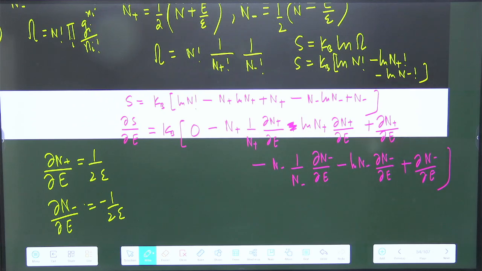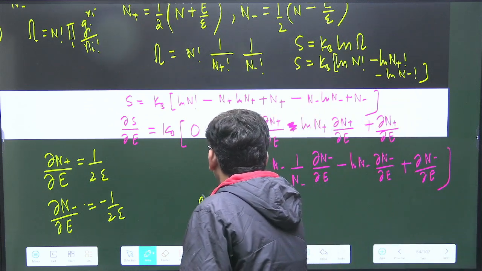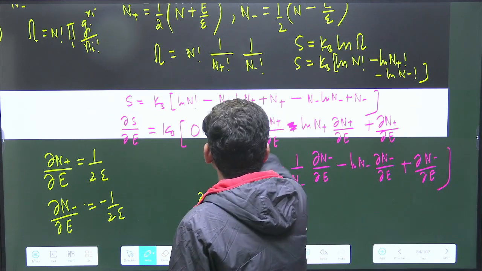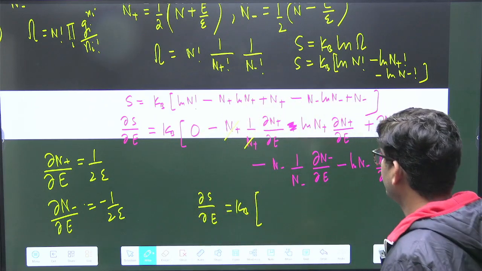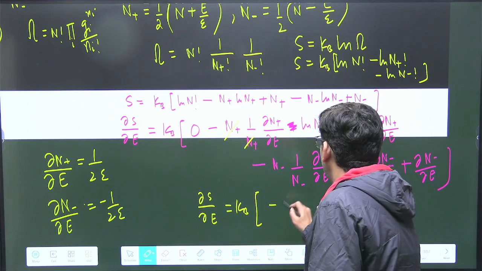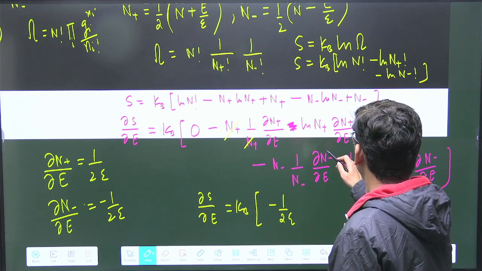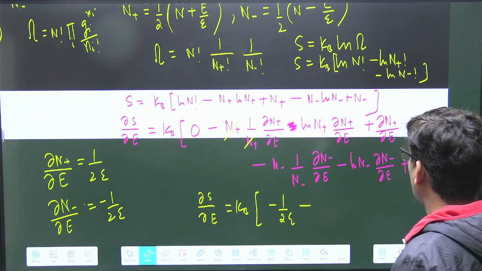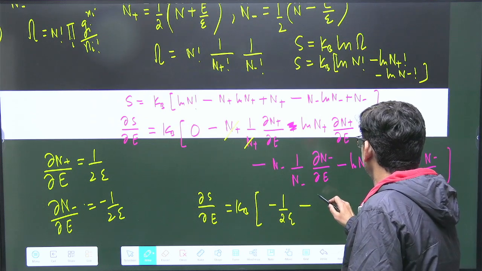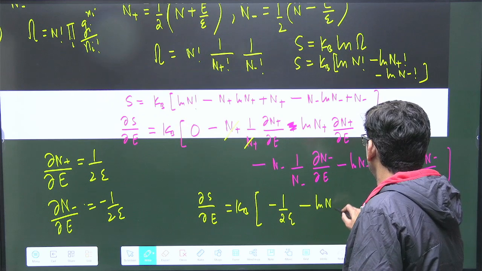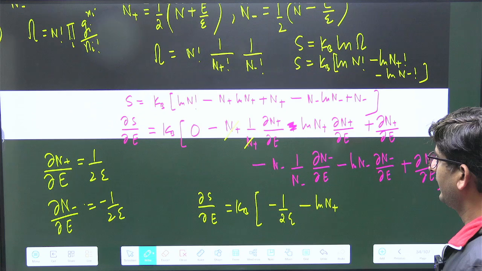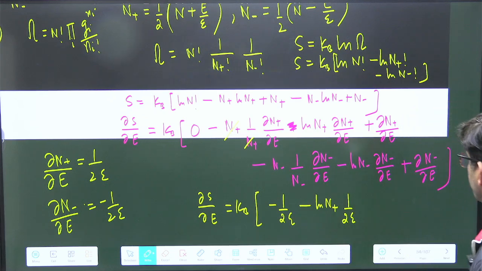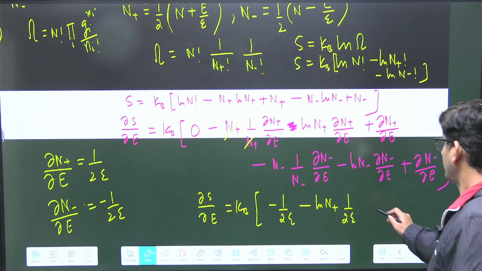So now substitute. del S by del E will become KB times: this cancels, minus del n plus by del E will become minus 1 by 2E, and minus log of n plus times del n plus by del E, which is 1 by 2E, and plus 1 by 2E.